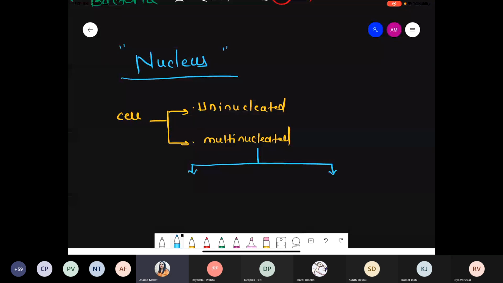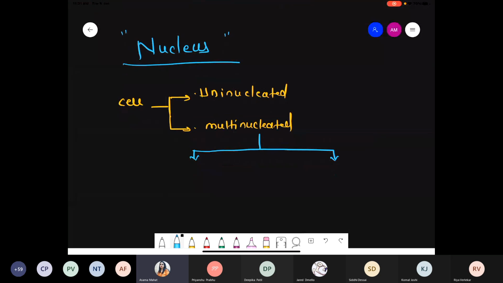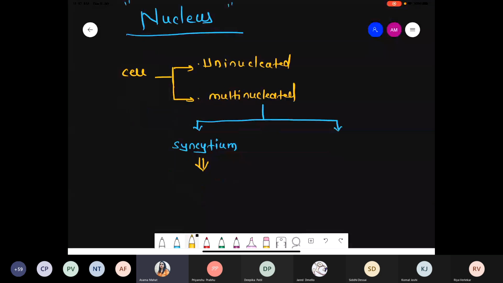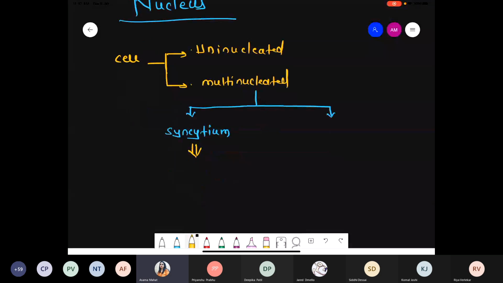What kind of the multinucleated? Number one, that is syncytium. And syncytium condition, simple meaning, many cells get joined and now they form a multinucleated condition.